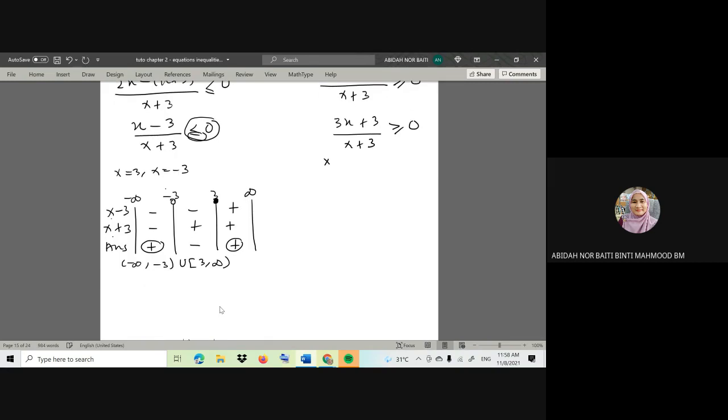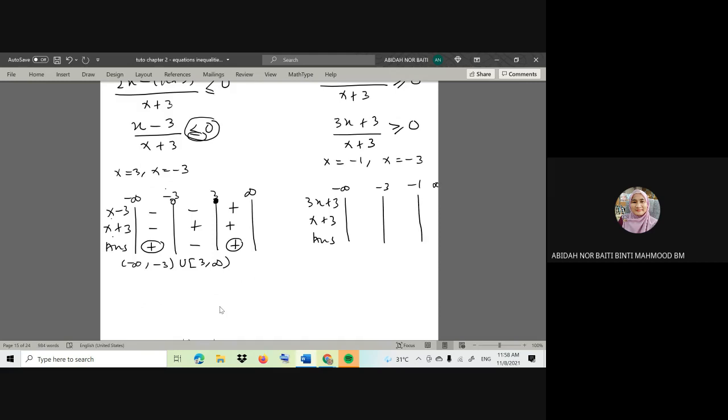So your values of x for numerator, your value of x is what? Negative 1 kan? Value of x of denominator is minus 3. Okay, so kita pakai table of sign. So 3x plus 3, x plus 3, answer. Okay, we start from negative infinity, negative 3, negative 1, and positive infinity.